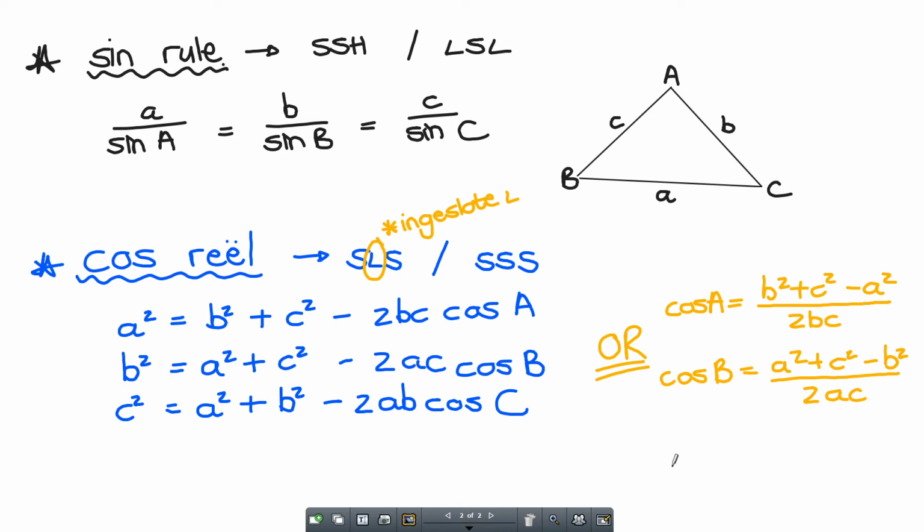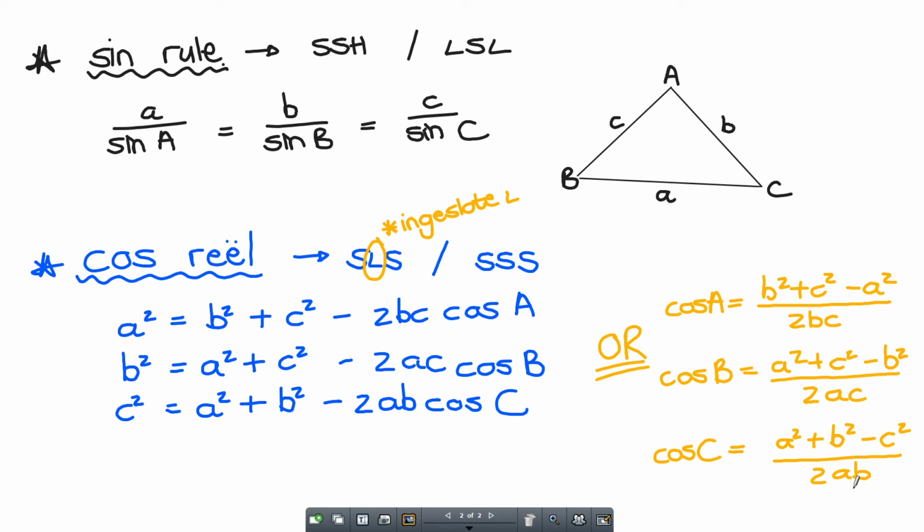Right? Let's say we want cos C. Then a squared plus b squared minus c squared over 2 times ab. You guys good?